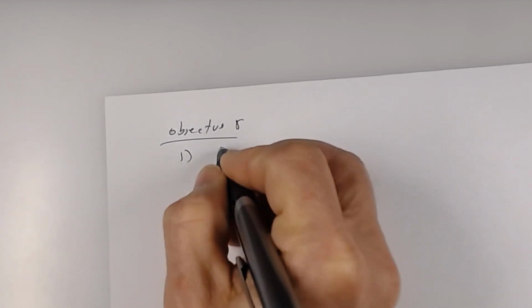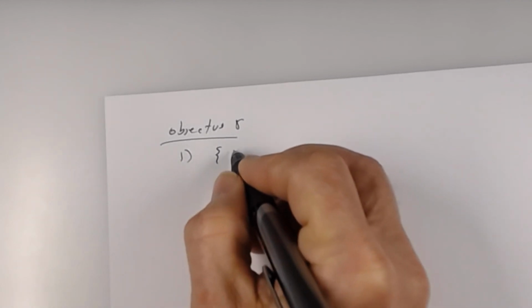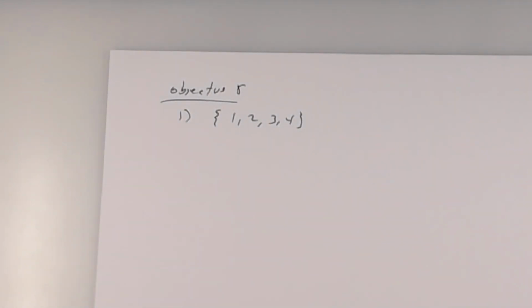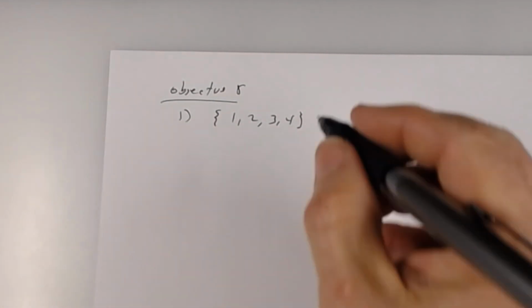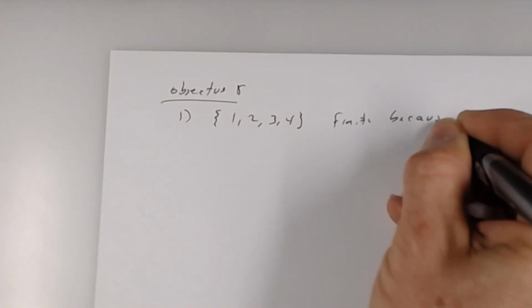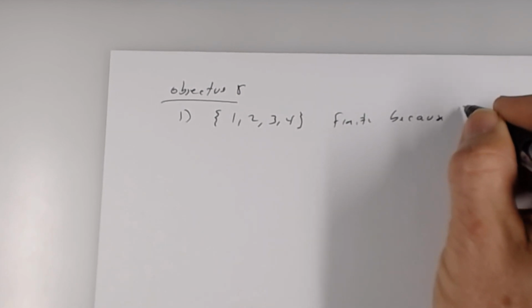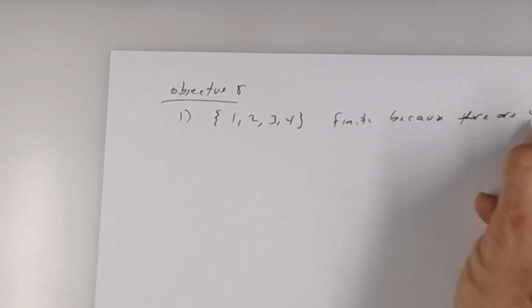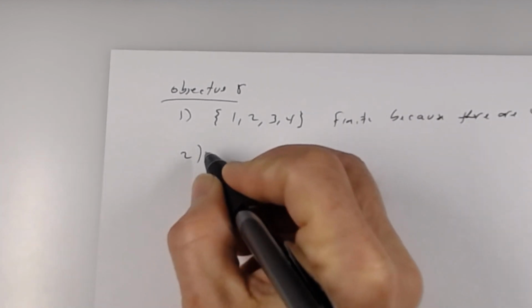All right, number 1, suppose I had this set: 1, 2, 3, 4. Is that a finite or infinite set? Finite. So it's finite because there are how many elements? 4 elements. Okay, what about this one? Number 2.